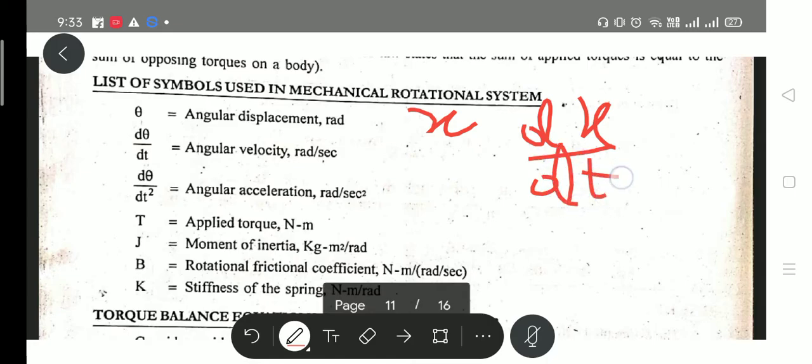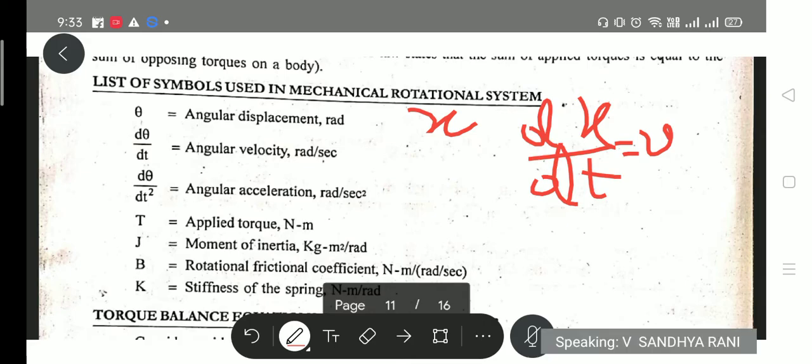dx by dt is represented as velocity v. Here angular velocity is d theta by dt. d square theta by dt square is angular acceleration. In the translation system, d square x by dt square is small a.